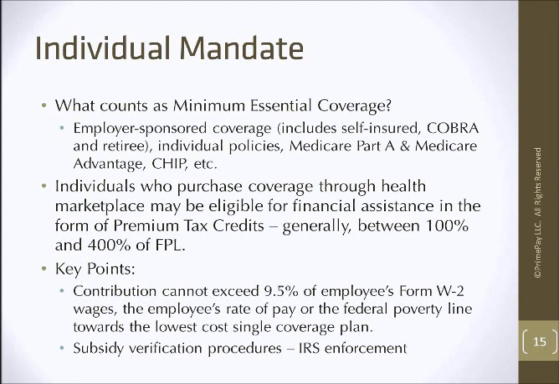Generally, if a household income falls between 100% and 400% of the federal poverty level, they are going to qualify for a subsidy, unless they have other minimum essential coverage. Now, before anyone corrects me, in states that have expanded Medicaid, that number is different. From 100%, maybe it's 138%, that type of thing. But generally, 100% to 400% of the federal poverty level is going to come into play.